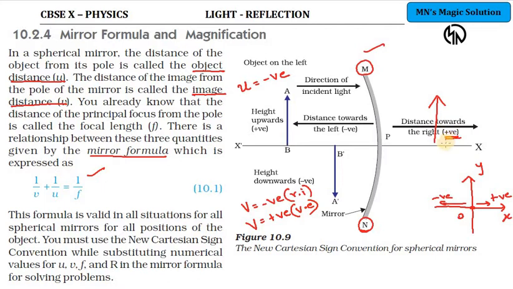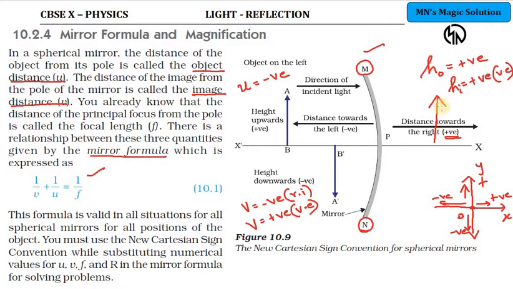Now coming to the y-axis of your Cartesian coordinates, any measurement that is taken towards the top is positive, and anything towards the bottom is negative. So always, the object by convention is taken upright, that is, towards the top. This AB, you can see, is on top of this axis. So the height of the object is always taken as positive, and the height of the image is positive if it is a virtual erect image.